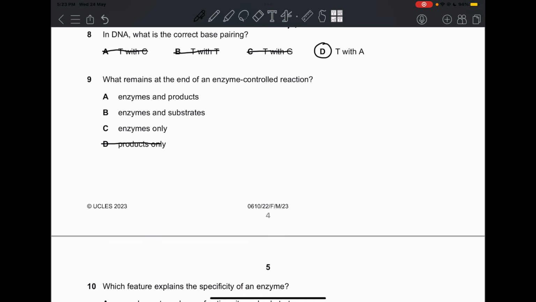It will be just like it didn't go through any reaction. So the reaction will produce products because the enzyme substrate complex will form products, and the substrate will be broken down to form products. So enzymes and substrates is an incorrect answer, and enzymes only is also an incorrect answer. So our answer is going to be A.